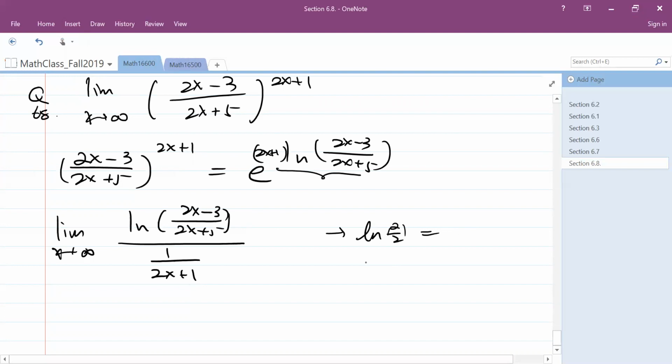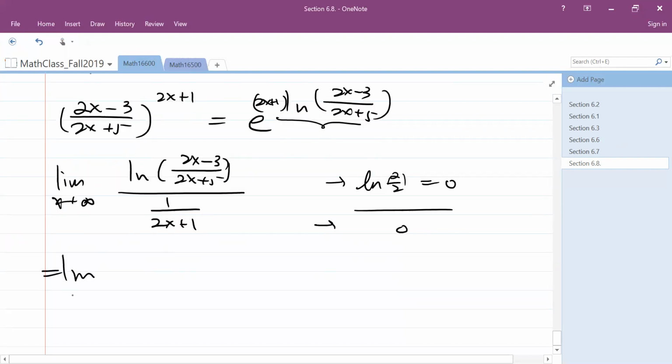The denominator also approaches 0, because it's 1 over 2x plus 1. So it's a 0 over 0 type. You can apply L'Hopital's rule to find the limit. Looks complicated, but we can find the limit.